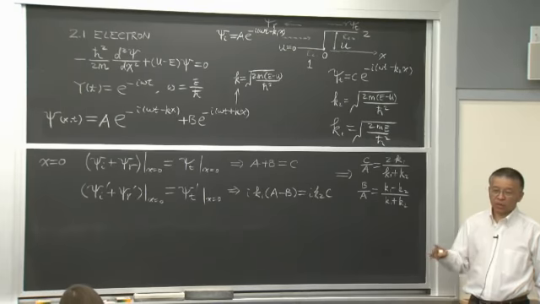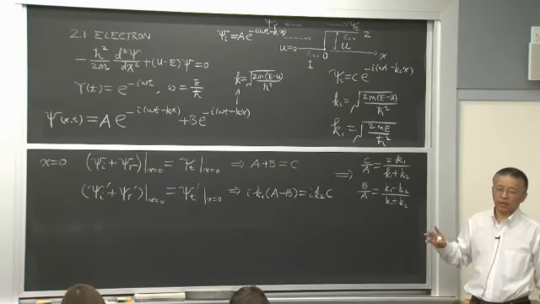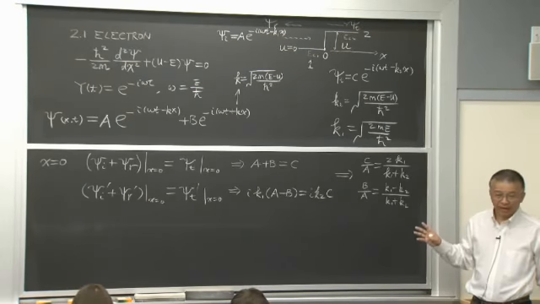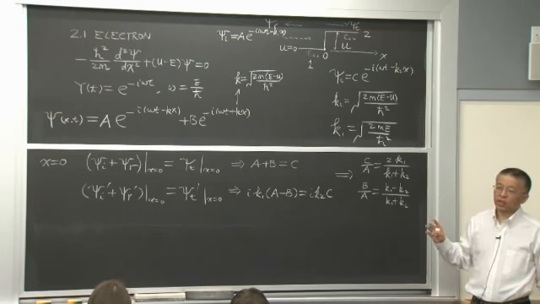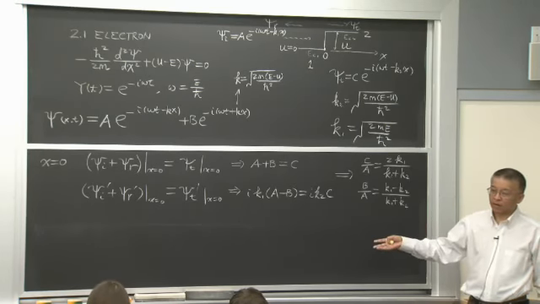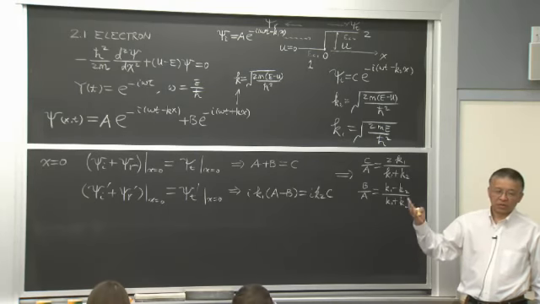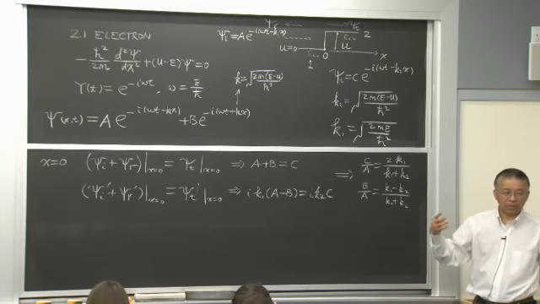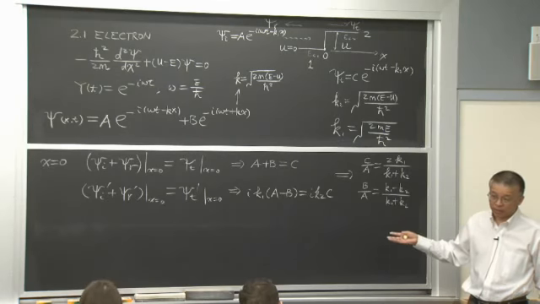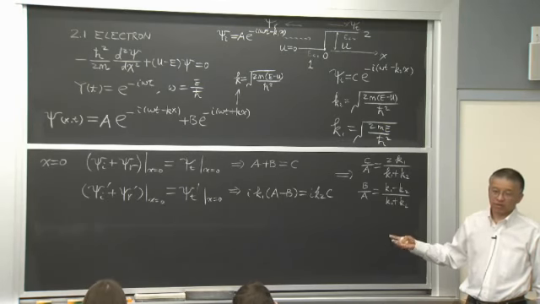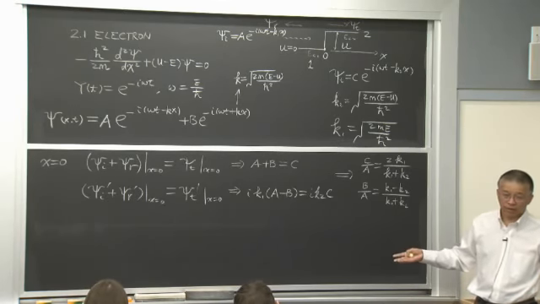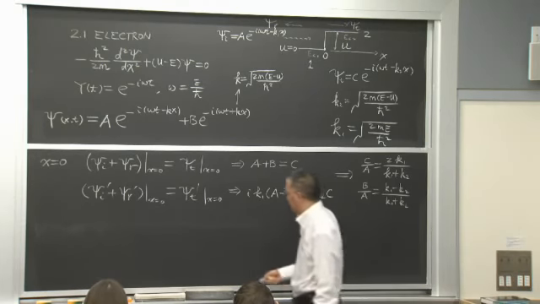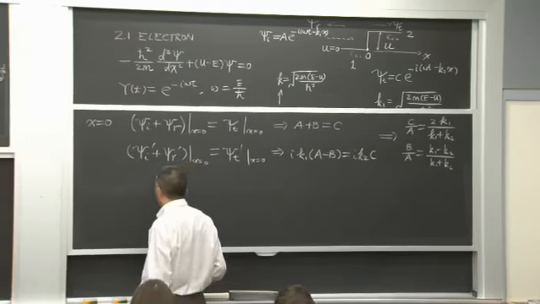But these coefficients don't really mean anything yet, because we said before the wave function is not a measurable quantity. In quantum mechanics, it's psi times psi complex conjugate that gives the particles.